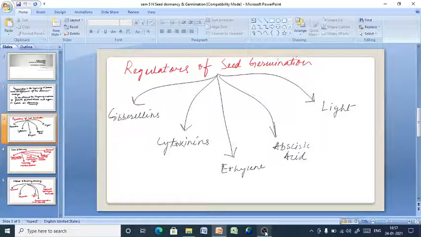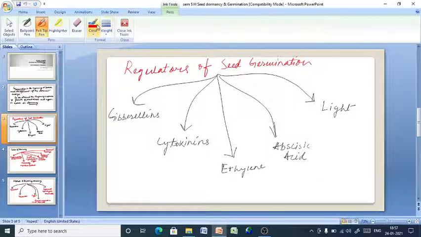For positively photoblastic seeds, if we want to put an example, we must mention Digitalis purpurea. This is one of the very pronounced and very famous positively photoblastic seeds.